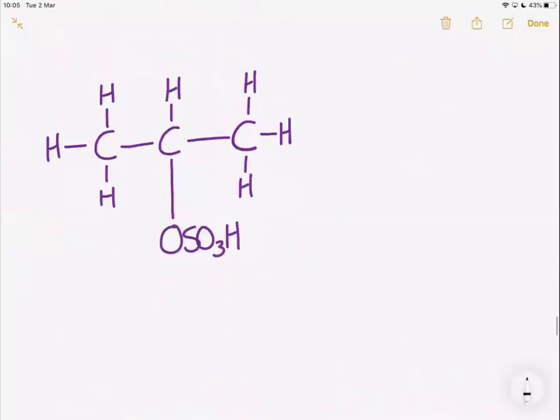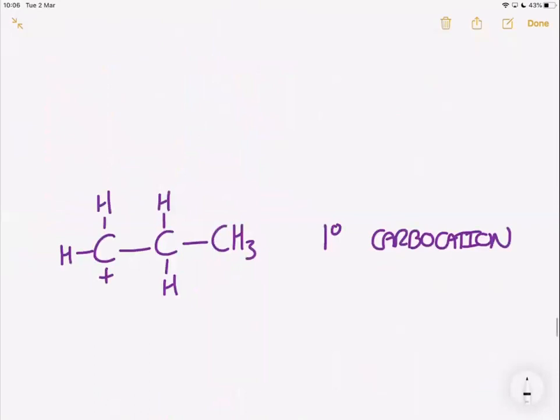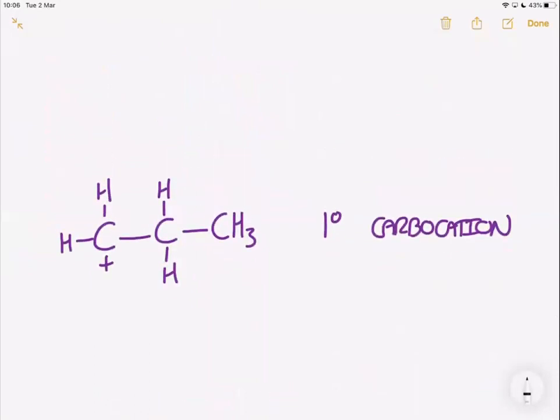Whatever that's called, methyl ethyl hydrogen sulfate, doesn't really matter, okay? Your primary carbocation would have formed in that pathway, and that's comparatively less stable. You can see by this point, I've kind of got fed up of writing the same thing over and over again. Hopefully by now you get the idea. This carbocation is less stable than the one that formed the major product. Last one.